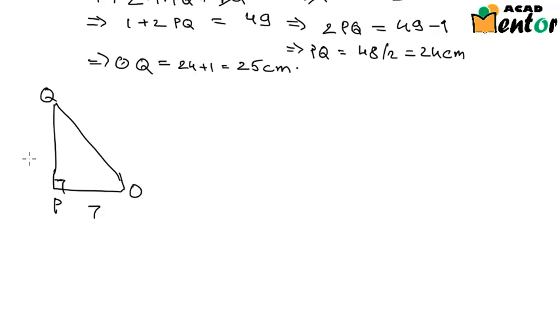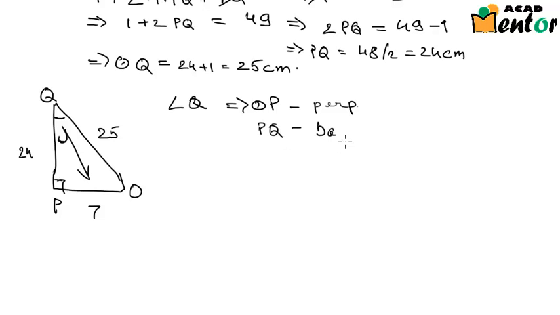We found PQ as 24 centimeters and OQ was 25 centimeters. So let's consider angle Q first. For angle Q, what is the perpendicular? The opposite side, that is OP, is the perpendicular. And what is the base? The adjacent side, that is PQ.